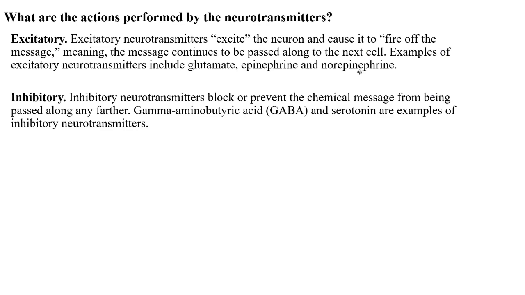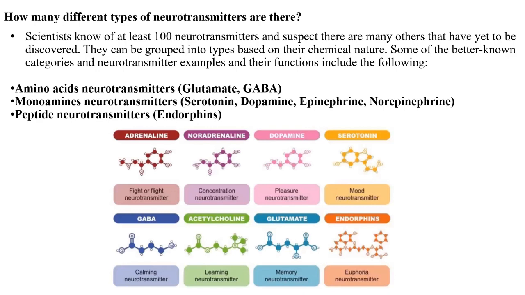For example, GABA, serotonin. Okay, so now let's understand how many different types of neurotransmitters there are. Scientists know of at least 100 neurotransmitters, and they also believe that there are many neurotransmitters which are not yet discovered, and they can be grouped into types based on their chemical nature.